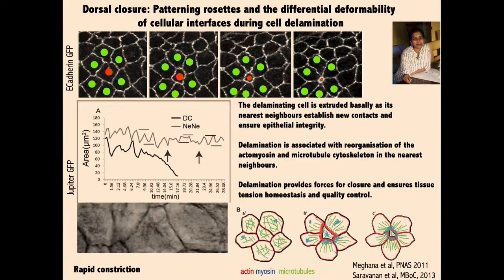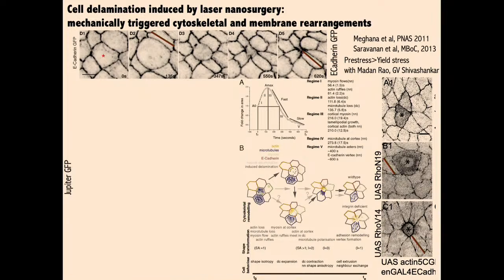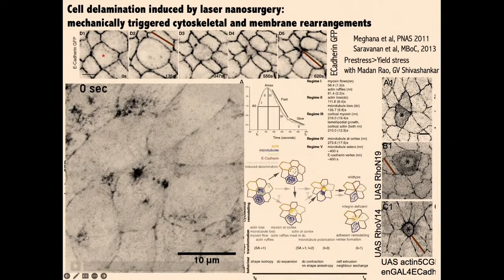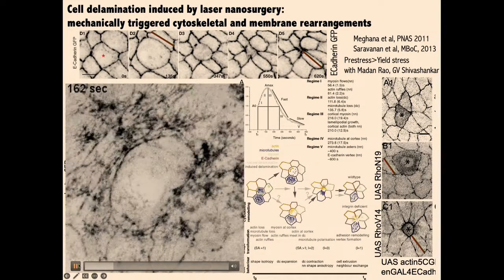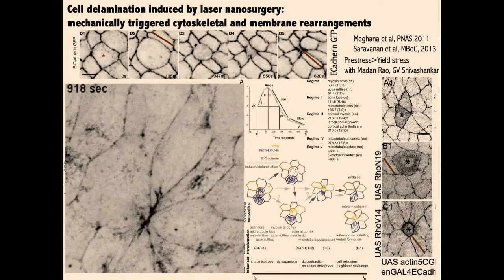And one last slide to sort of say that a lot of the work we did with Madan actually involved our ability to trigger this delamination using lasers. And that actually allowed us, as you will see here, to capture these cytoskeletal rearrangements in the neighboring cells. So these are the neighboring cells here.